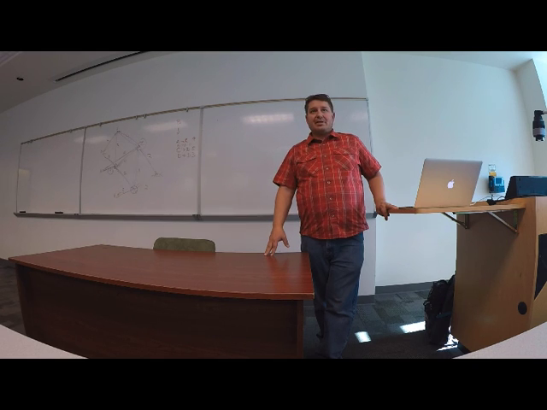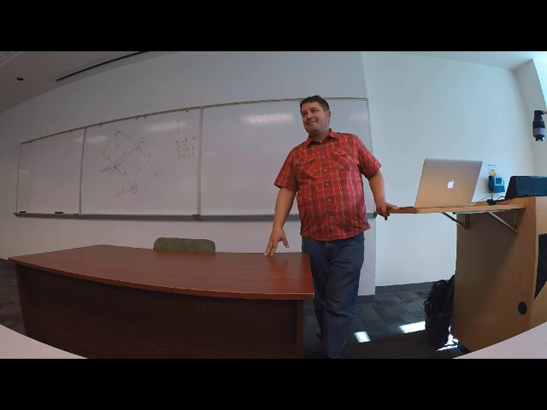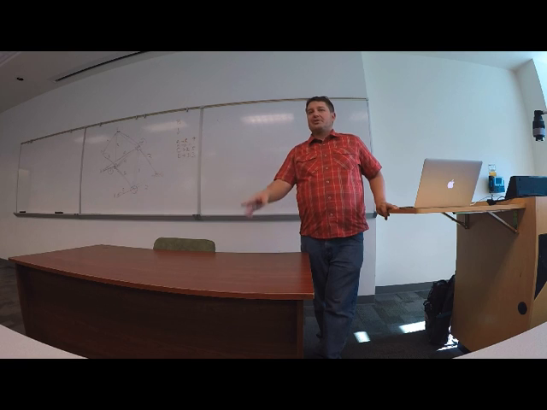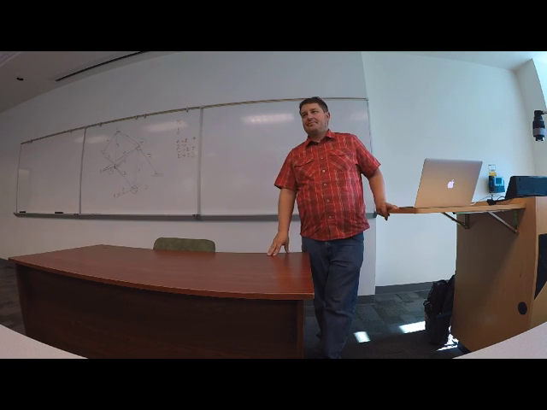But then the question is, how do we forward packets? How do we choose which ones to forward to? Do we just switch off? First idea, let's just do round robin.